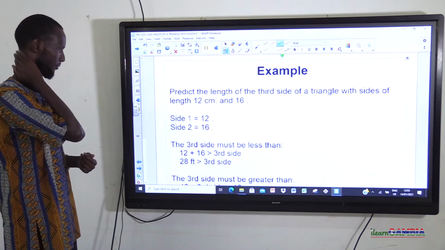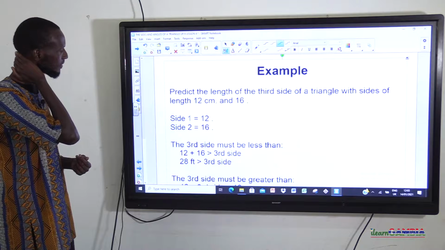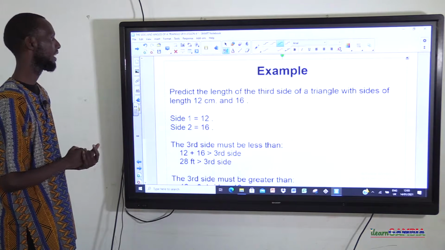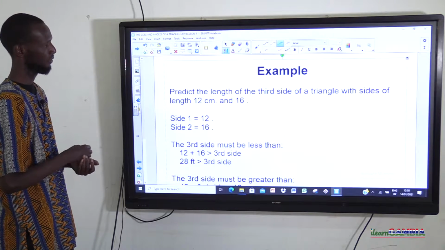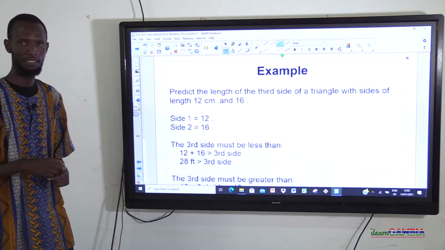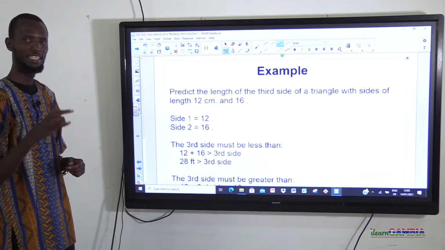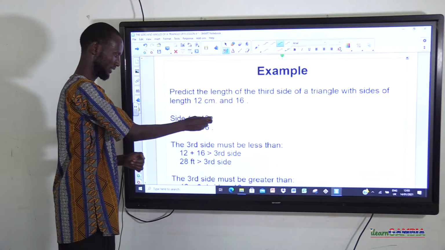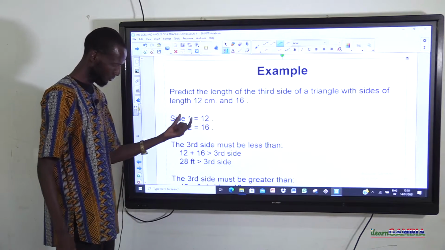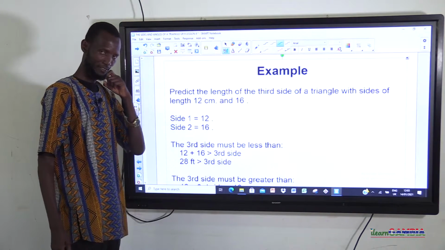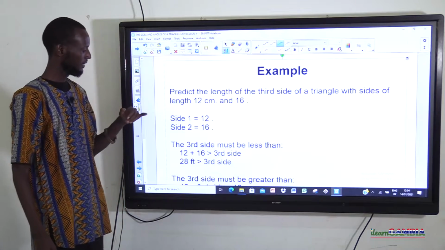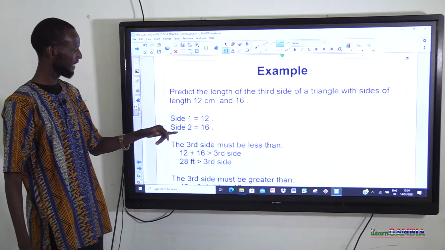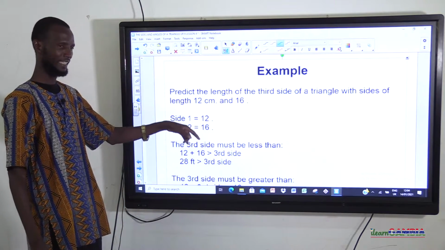Now here's another example. Predict the length of the third side of a triangle with sides of length 12 centimeters and 16 centimeters. We have side 1, 12 centimeters. Side 2, 16 centimeters. The third side must be less than the sum of these two sides.